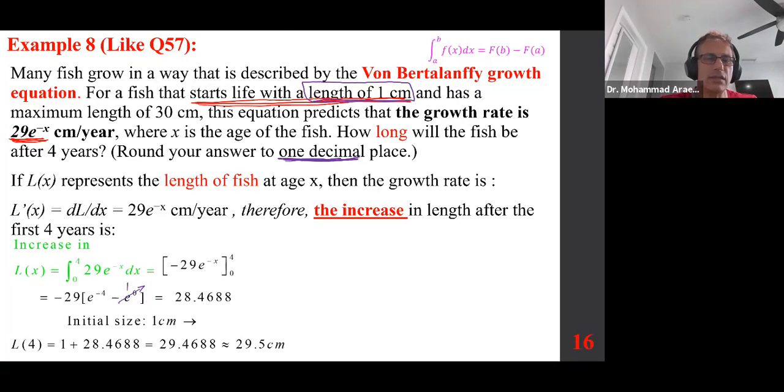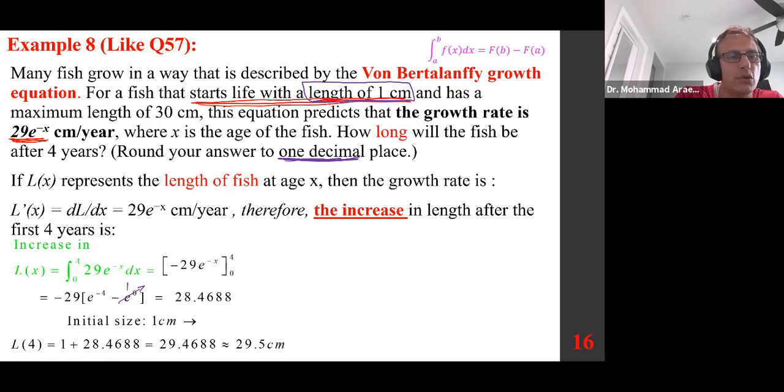Here's the second method, as I discussed in the previous example. Instead of finding the amount of growth and then adding it to the initial size, whatever it was, the initial size happened to be 1, let's find the function that represents the length of the fish. So let's find L of x.